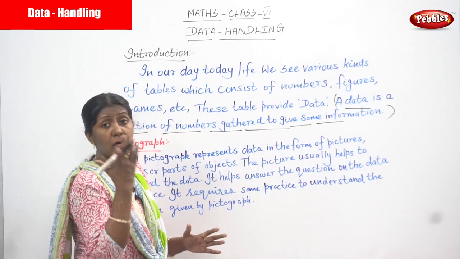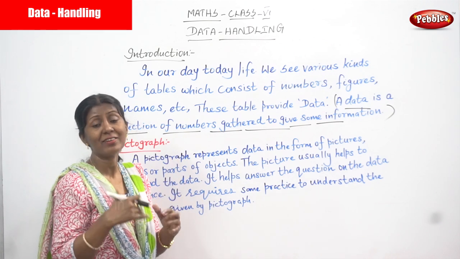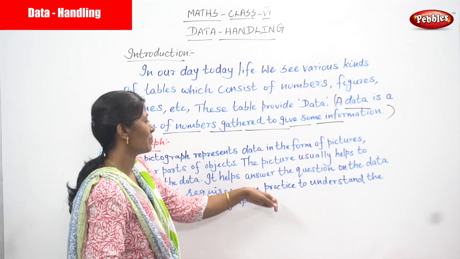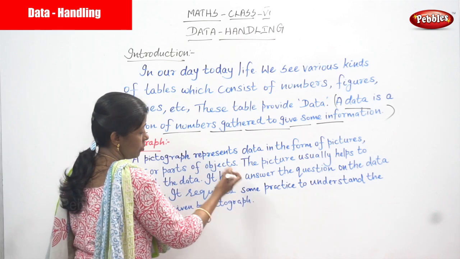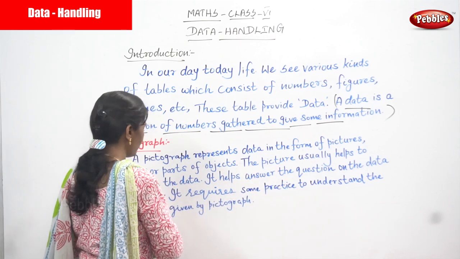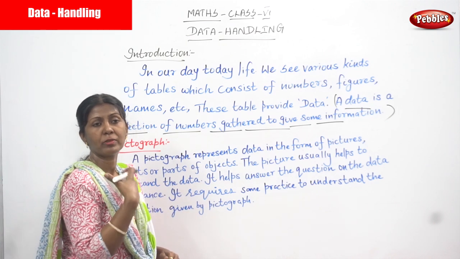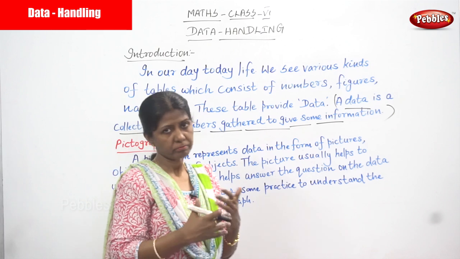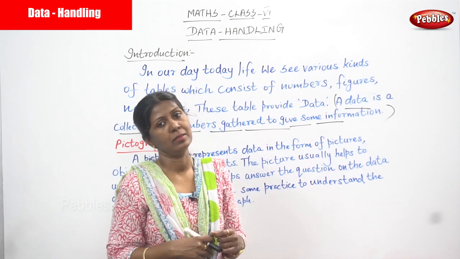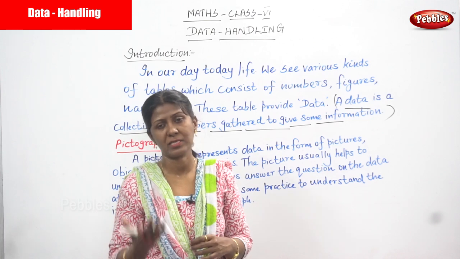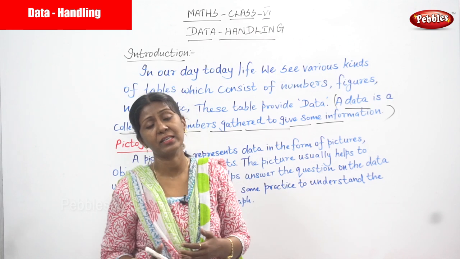Usually we use objects or pictures to understand the data very easily. It requires some practice to understand the information given by a pictograph. I have told you the types of data representation methods: tally mark, bar graph and pictograph.